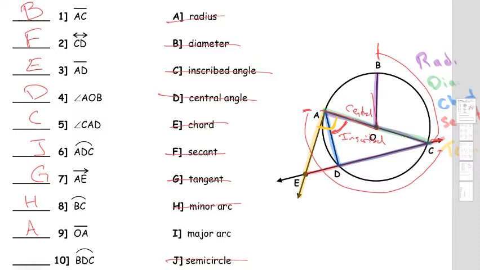I'm going to use yellow. It starts at B, goes towards D, and stops at C, which is more than 180, and so that's what we call your major arc, or I.